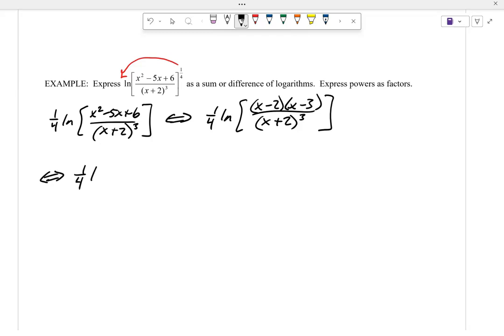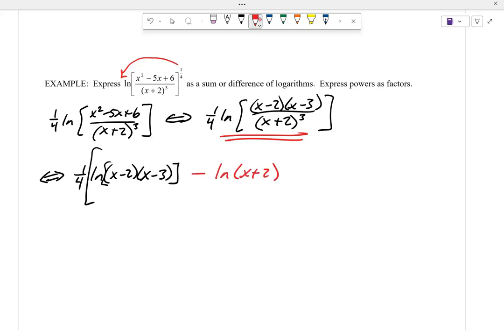We're going to use the quotient rule. So I have the natural log at the top. And this 1/4 will go through to everybody as I split this up into ln of the top minus ln of the bottom.